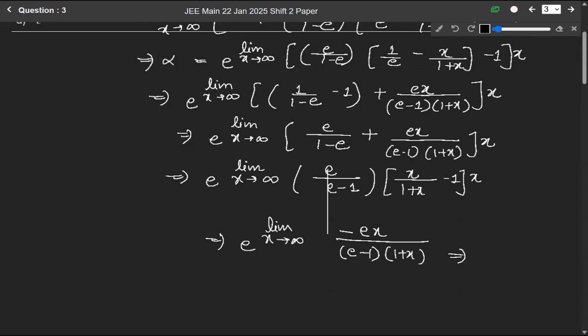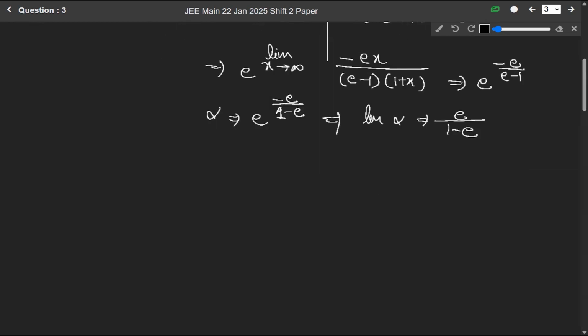So it will be equal to e to the power minus e over (e − 1). So alpha will be equal to e to the power e over (1 − e). This implies that log of alpha will be equal to e over (1 − e).